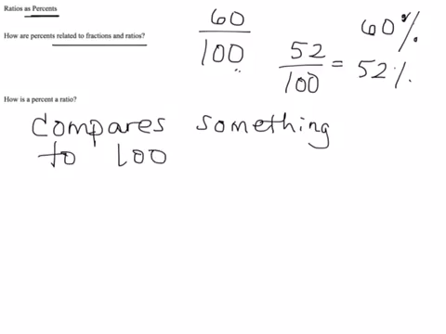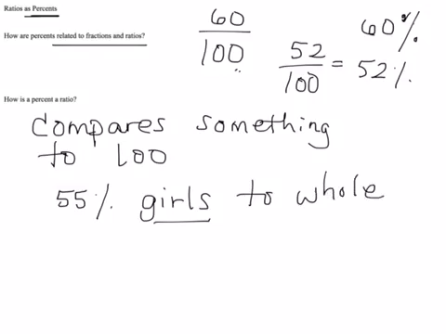So for example, if you say 55% of people are girls, you're not comparing girls to boys. You're comparing the girls to the whole, right? To all people. You can basically look at the ratio as 55 because that represents the girls to, well, what represents the whole? 100 does.